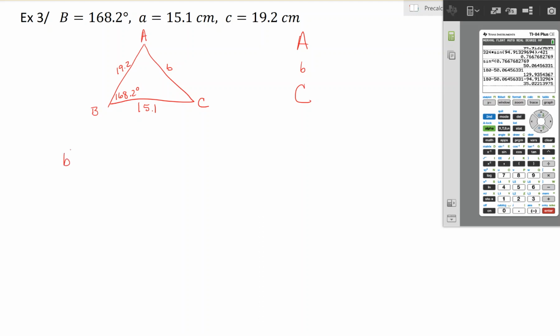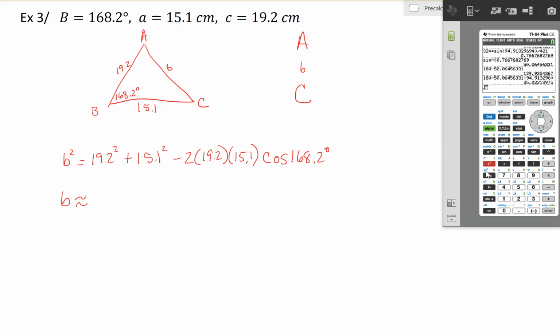So we'll say that b squared is equal to 19.2 squared plus 15.1 squared minus 2 times 19.2 times 15.1 times the cosine of 168.2 degrees. And of course, b is just going to be the square root of that, so we can put that all into the calculator in one go.